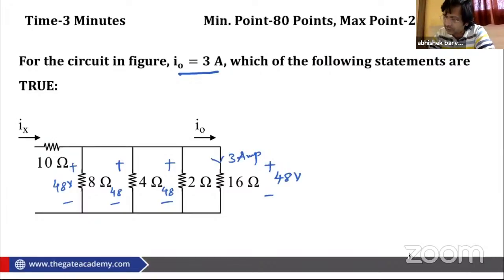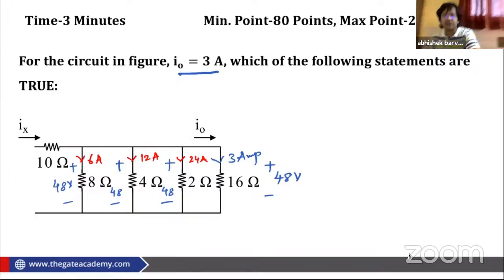So if I want to get the current through this branch, it is just voltage divided by the resistance, correct? So how much do I get over here? It's 6 ampere. Here I get 12 ampere. Okay. Here it is 48 divided by 2. So it is 24 ampere.